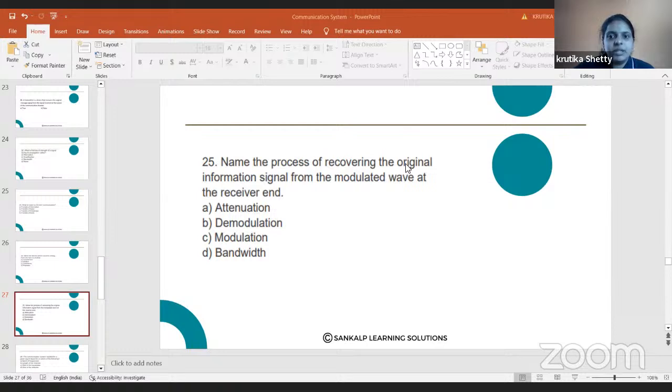Name the process of recovering the original information signal from the modulated wave. It is demodulation.